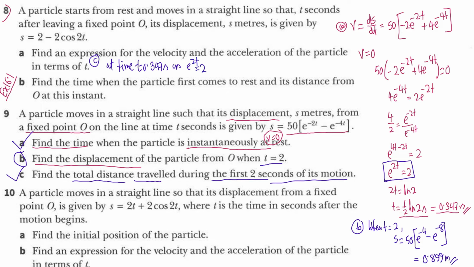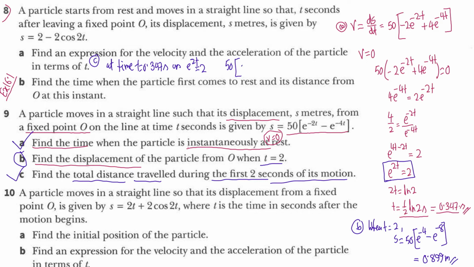If we replace this in our expression for the displacement, then we will get the value. So the displacement at this stage is 50, and we write e to the power twice t as 2.